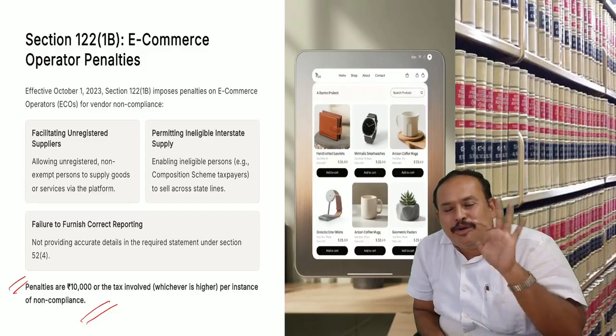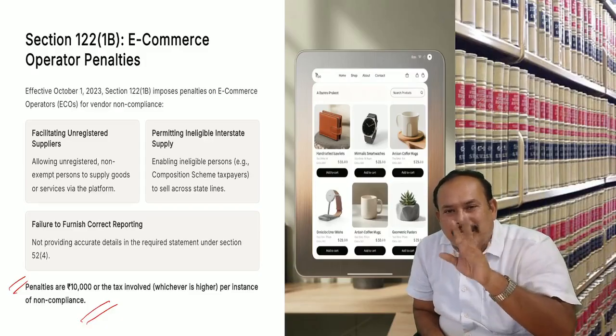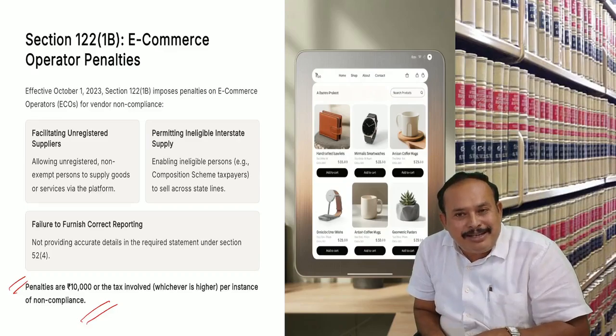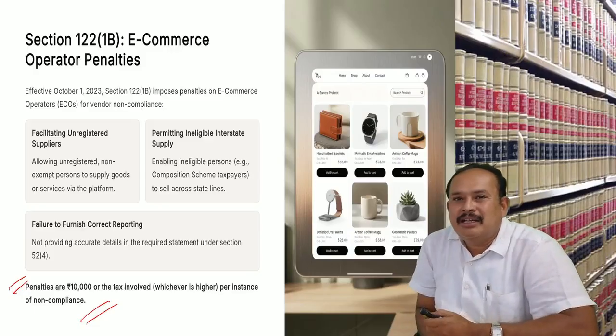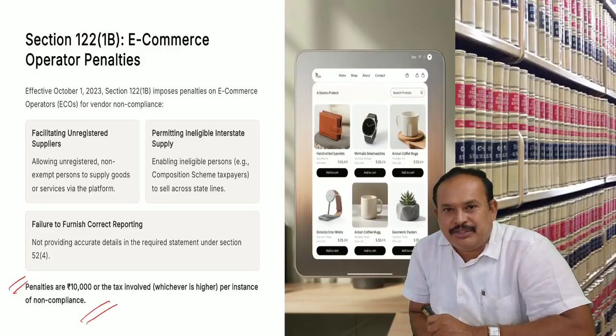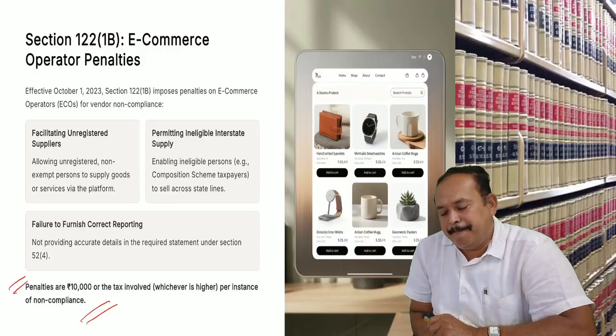If it is 122(1), what is the penalty? Tell me. 10,000 or 100% of the tax, whichever is higher.